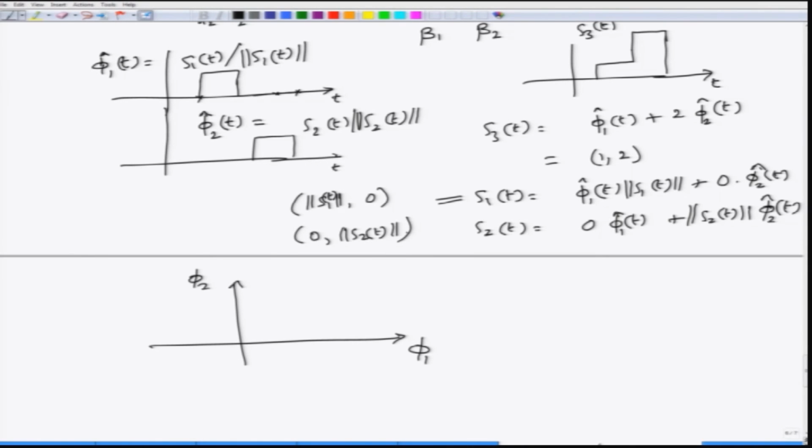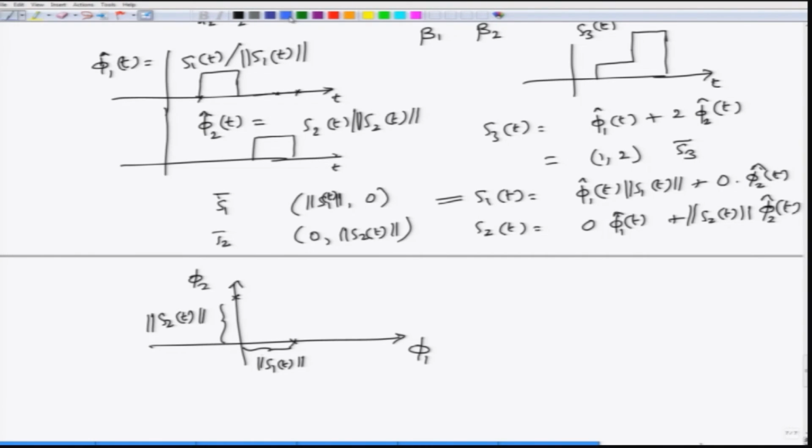So, I can now represent all these three waveforms in terms of their corresponding vectors. So, this is S3 vector, this is S1 vector, this is S2 vector. So, S1 vector may be here, S2 vector is this one, because this length would be the norm, or this length will give me S1 of t norm and this would be the length S2 of t norm.